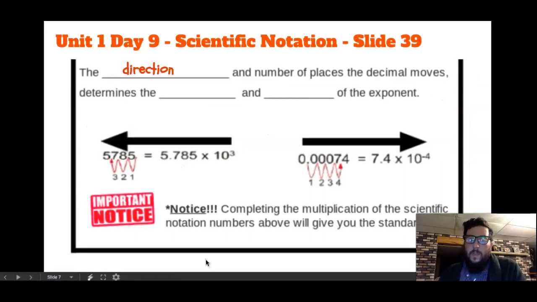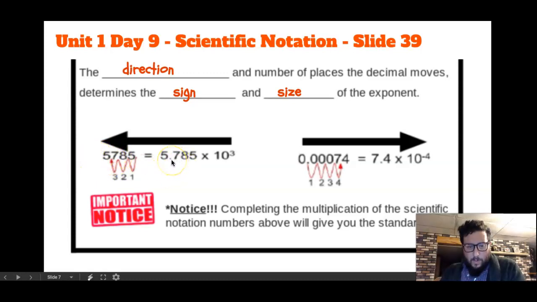The direction that you move the decimal and the number of places that you move the decimal determines the sign and the size of the exponent. Here's a quick visual. Here's the number 5,785. The decimal is right here at the end. We move it 3 places so that it's between the first and second non-zero digits, so that there's only one number on the left of the decimal.